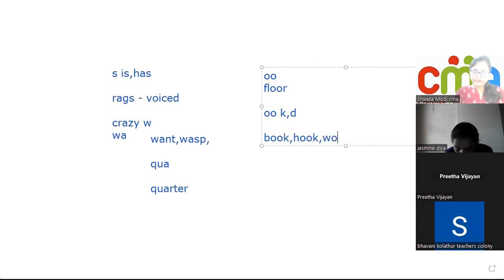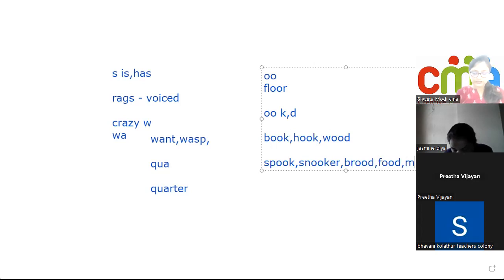Then there can be some exceptions. The only exceptions here are spook, snooker, brood, food, and mood. Otherwise, you will have the short sound after K and D.